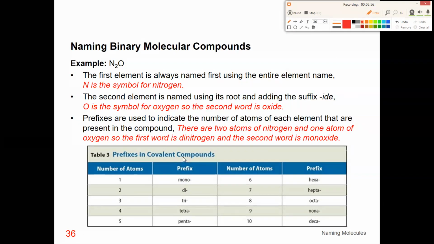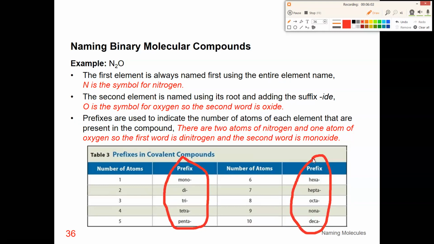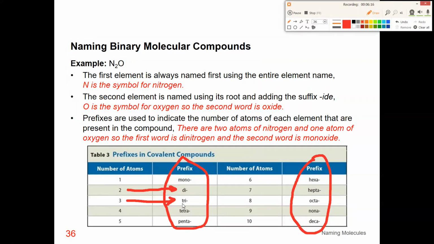So you guys need to memorize those prefixes. They came from Latin. 2 is di, probably you guys know. 3 is tri, like double, triple, most of the time we say double, triple.